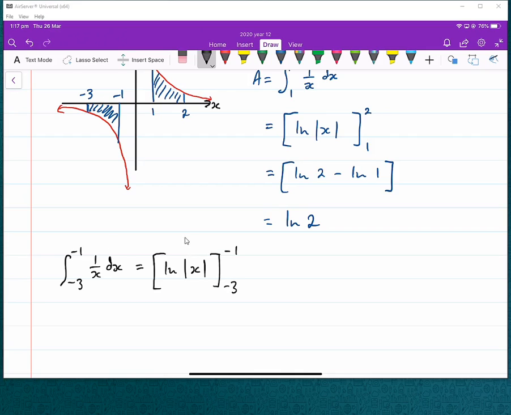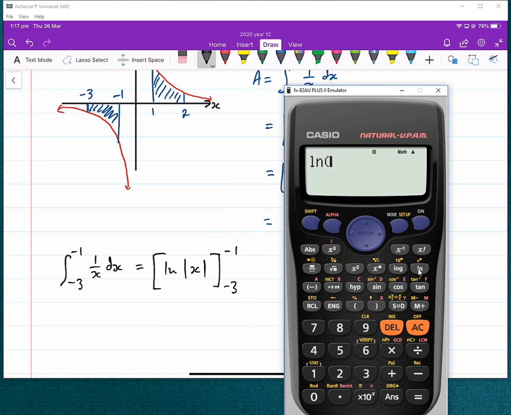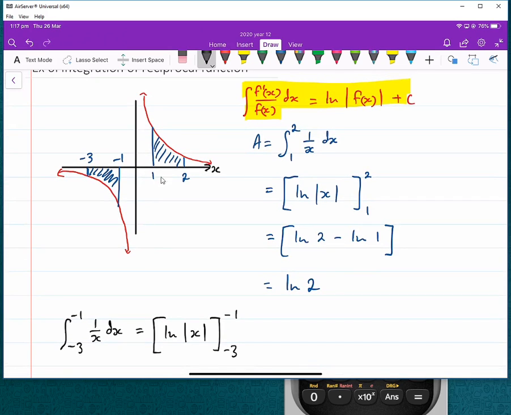I brought this up because our integral has the absolute value of x in it. We need this because if we type into our calculator ln of -1, we would get an error. ln of -1 is undefined because our log graph goes up like this, and logarithms are not defined for x less than or equal to 0.